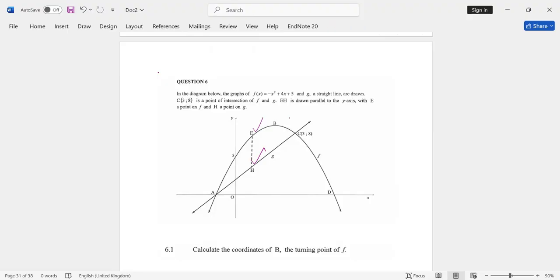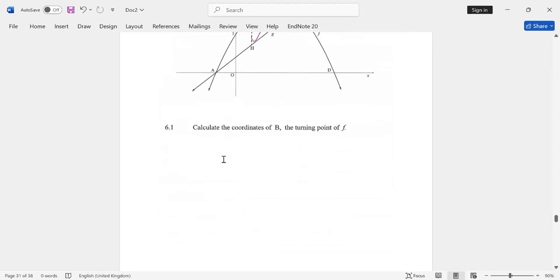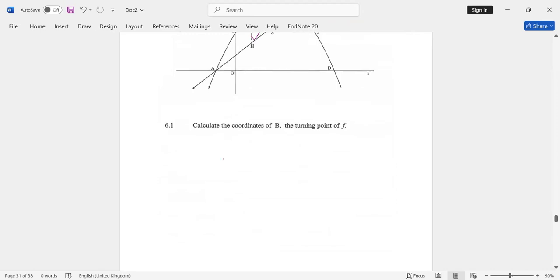All right. So the question number 6 has subparts. The first part of question number 6 is 6.1. Calculate the coordinates of B, the turning point of f. Okay. So to find the turning point B, let's suppose we say that the coordinates of B are x_B and y_B.